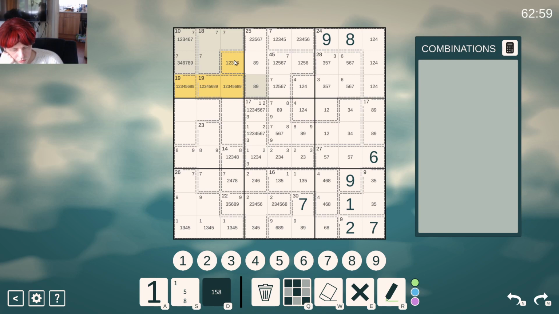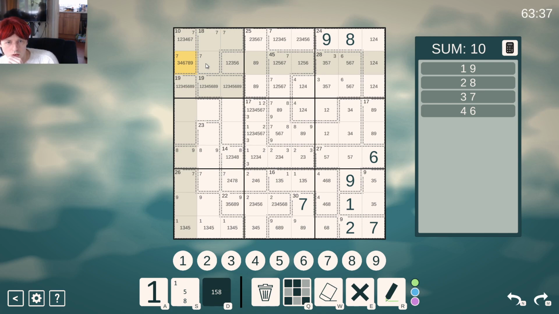There must be an 8 or a 9 in one of those two squares.